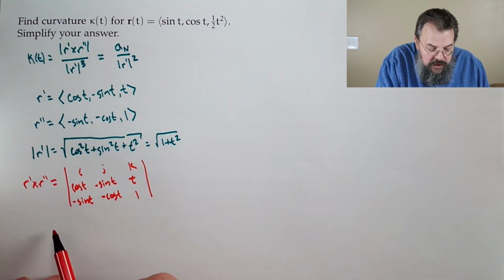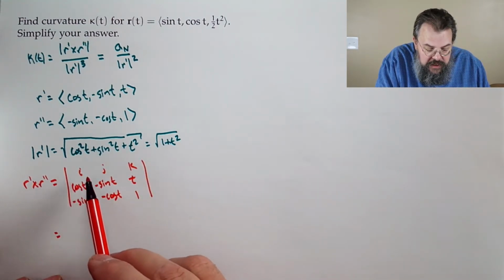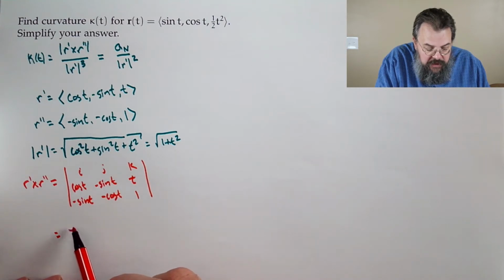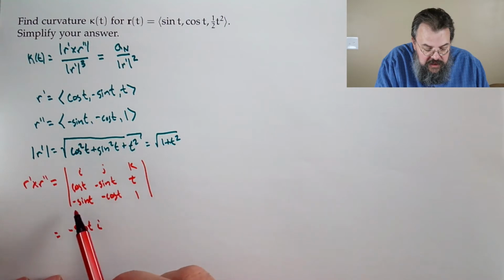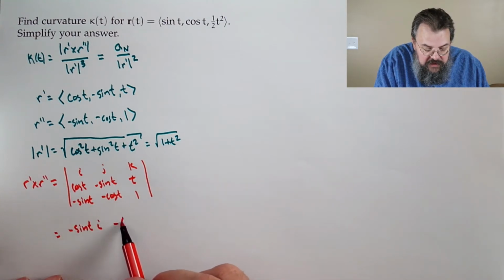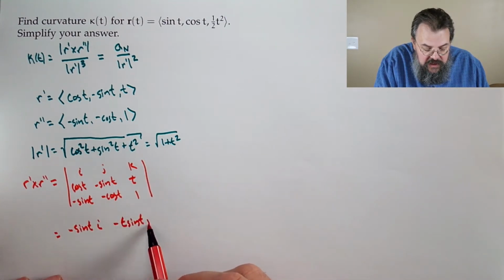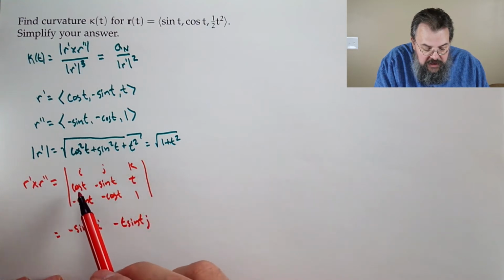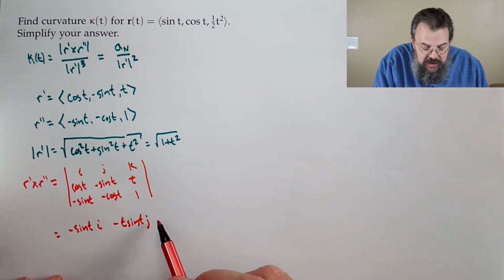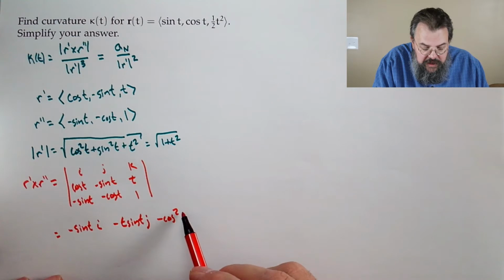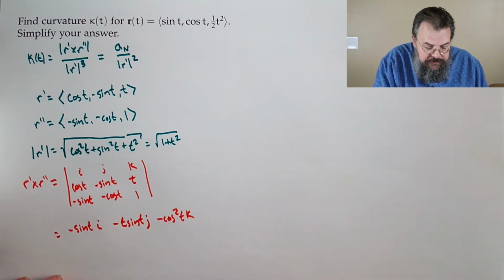So if we work that out: i times minus sine t times 1, that's minus sine t i. j: t times minus sine t, so minus t sine t j. k: cosine times minus cosine, that's minus cosine squared k.